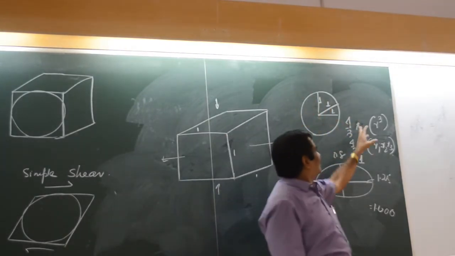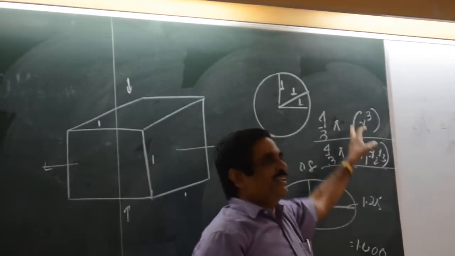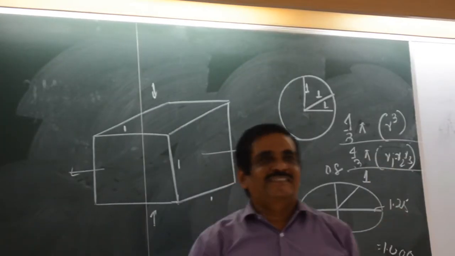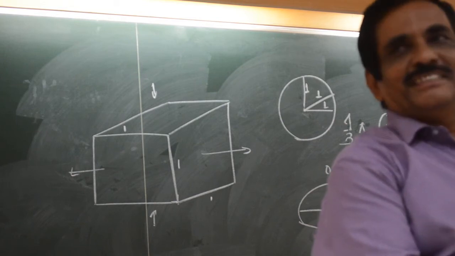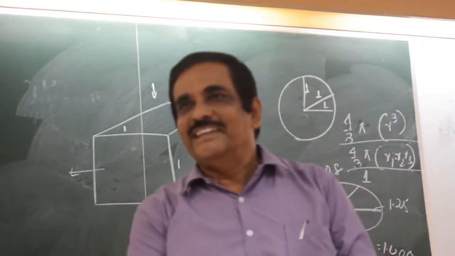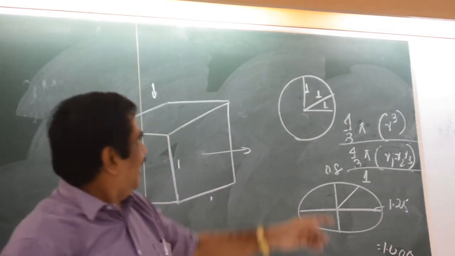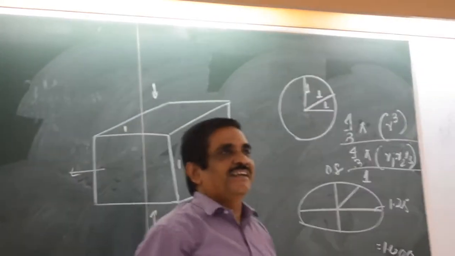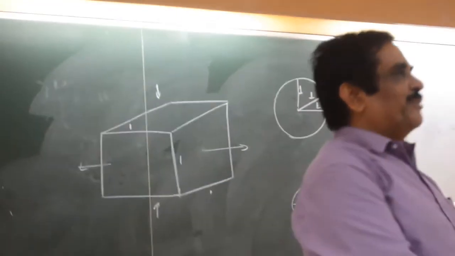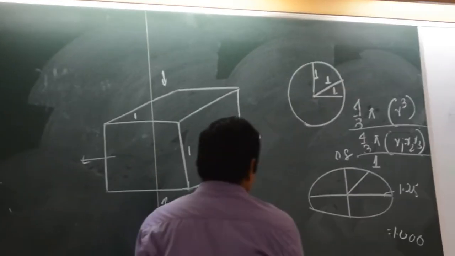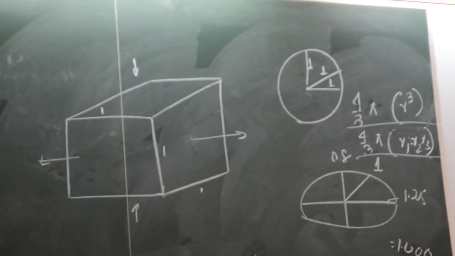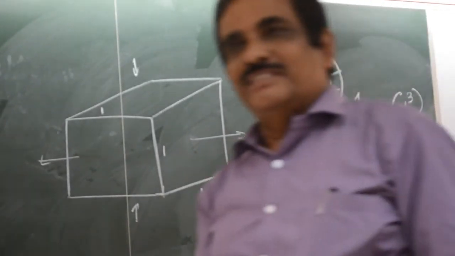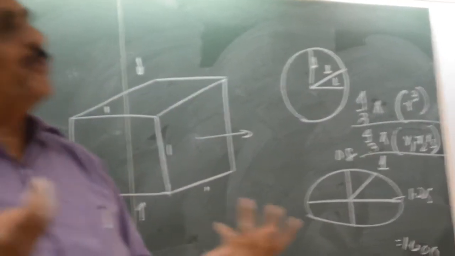So 4 by 3 pi is constant; only this R matters, this axis length matters. Haven't you understood yet? I understood but I don't remember the formula for the volume of an ellipse. Do you know it, sir? Tell me the formula. It is 4 by 3 pi r cube. It is 4 by 3 pi a into b into c.